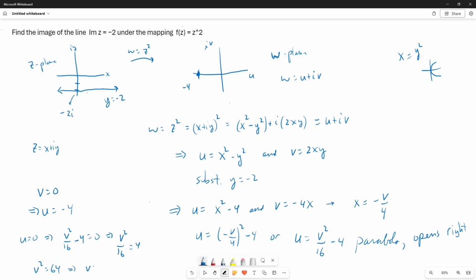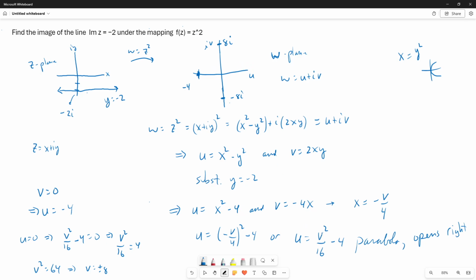And so finally v equals plus or minus 8. So we have up here, maybe a little off scale, 8i, and we have down here negative 8i, and the parabola is symmetric with respect to the u-axis.